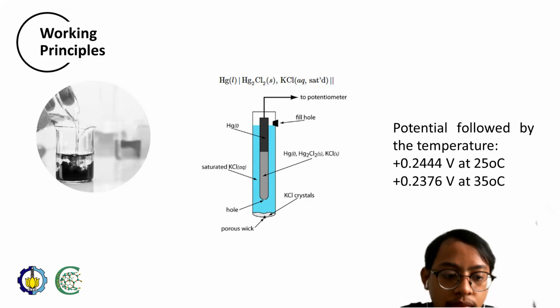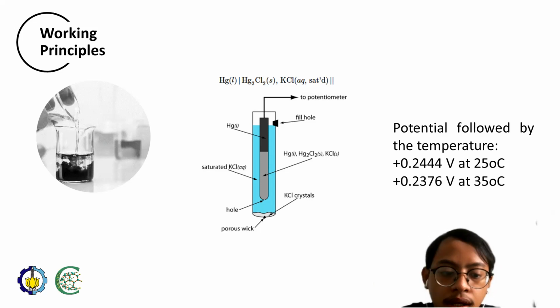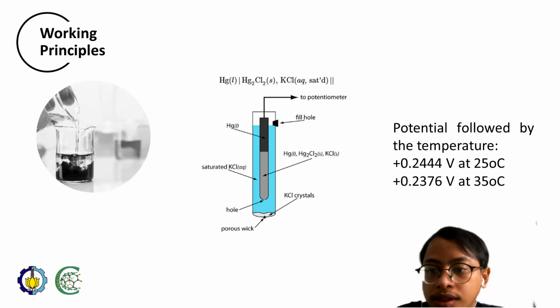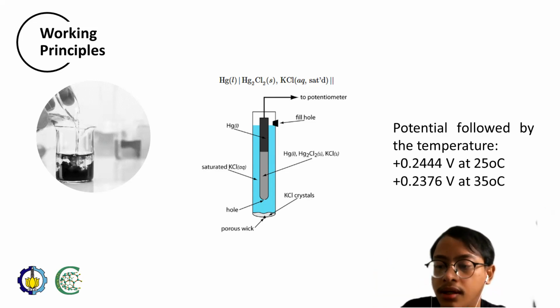In this system, the potential is affected by the temperature. At a higher temperature, the solubility of potassium chloride will increase and the electrode potential will decrease, as the numbers on the right side show.